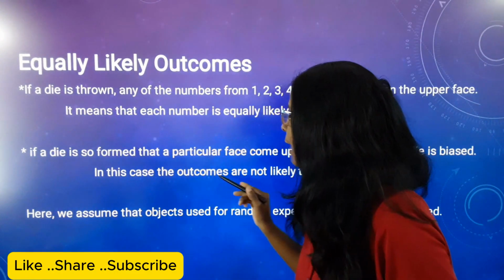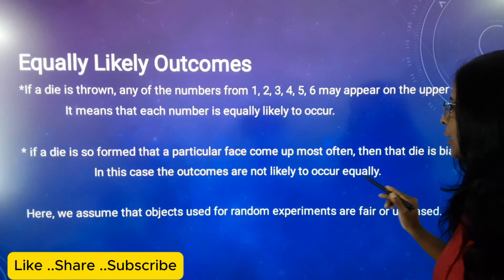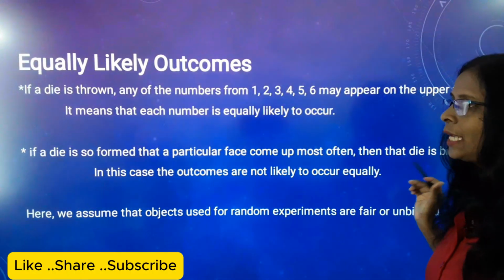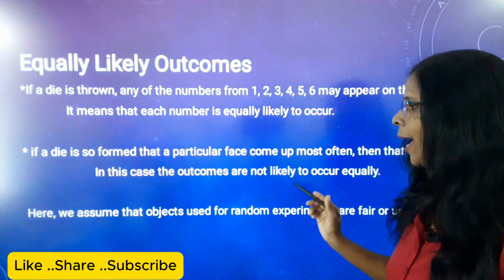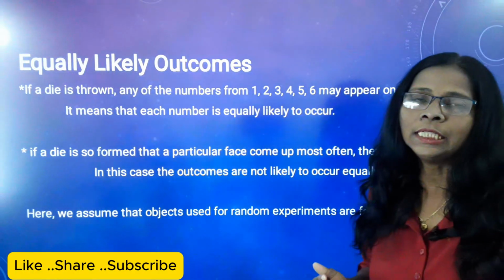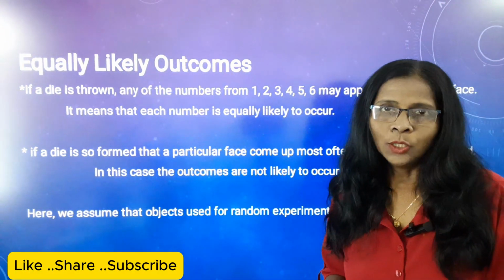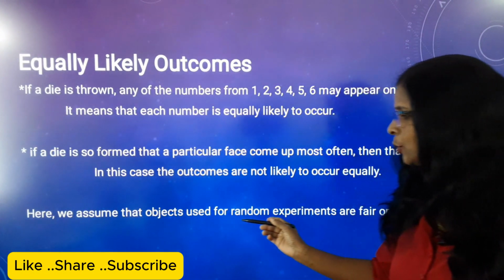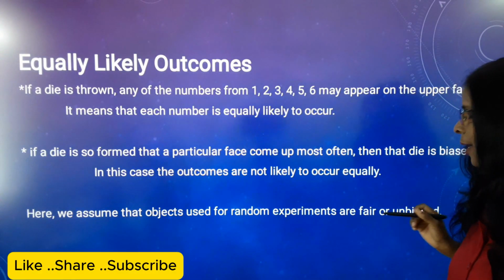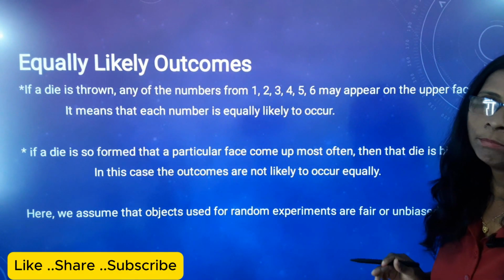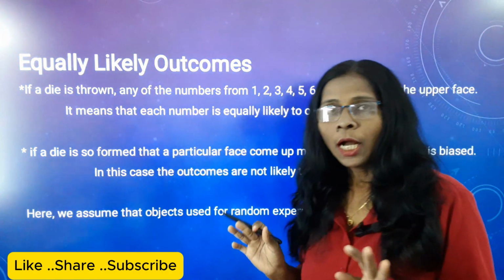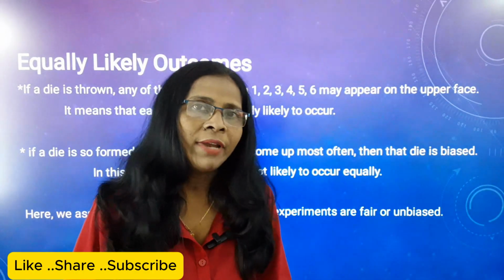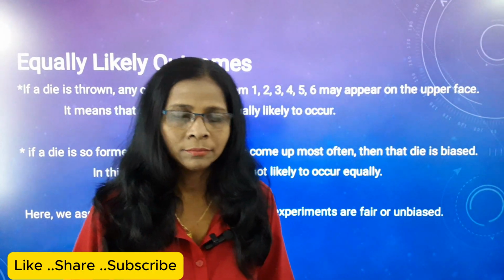In this case the outcomes are not equally likely. Also, we can assume that the objects used for a random experiment are fair and unbiased. We have to assume that the random experiment is fair and unbiased.